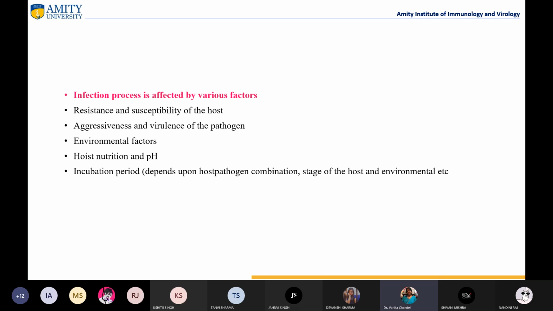So incubation period is the time when the pathogen first enters the host till the time the first symptom appears. So that many days or that many hours are called the incubation period, and it differs for different pathogens. Even among viruses, the groups of different viruses can have a different incubation period, and similarly for the fungi also, right?